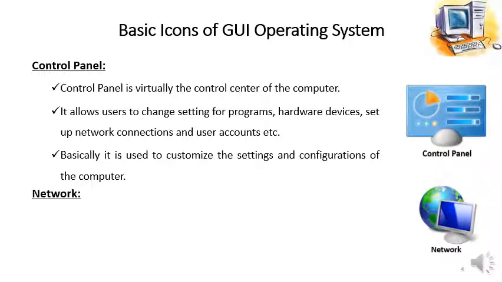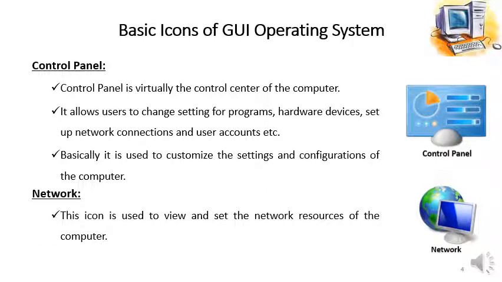Fourth, we have the network icon. This icon is used to view and set the network resources of the computer system. So these were some of the main or basic operating system icons, and we studied the purpose of these icons.